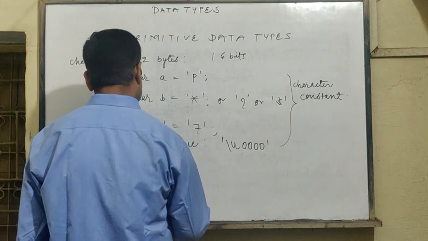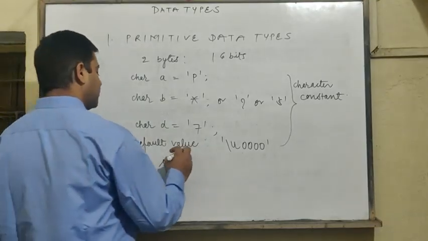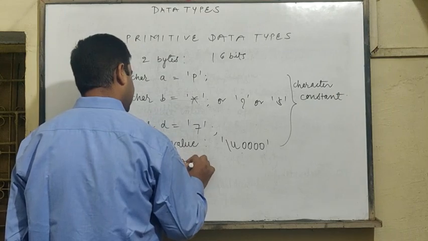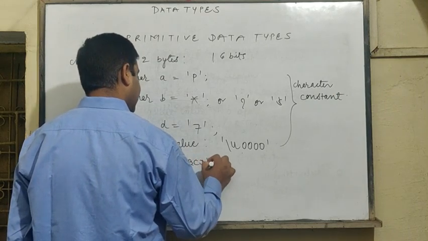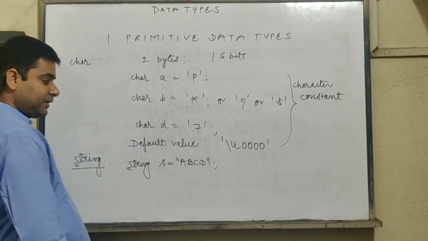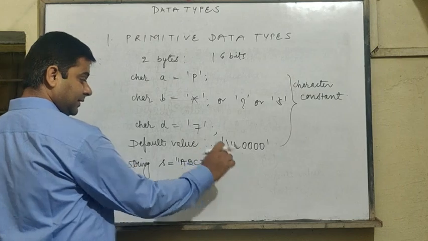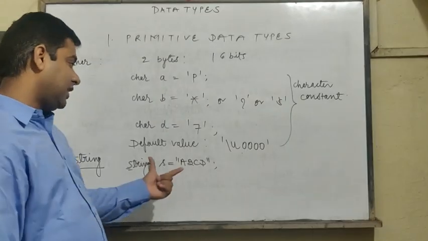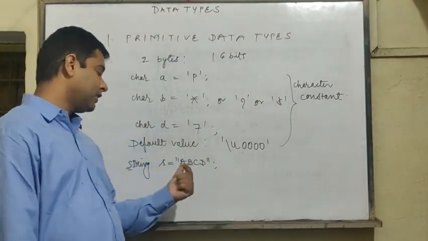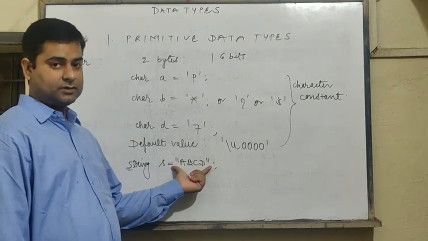Suppose you are writing String S equals to. Now you want to store your name. Suppose your name is ABCD. So in S, this ABCD will be stored. And a string is always enclosed within double quotes. Keep it in mind. String type values are always enclosed within double quotes.